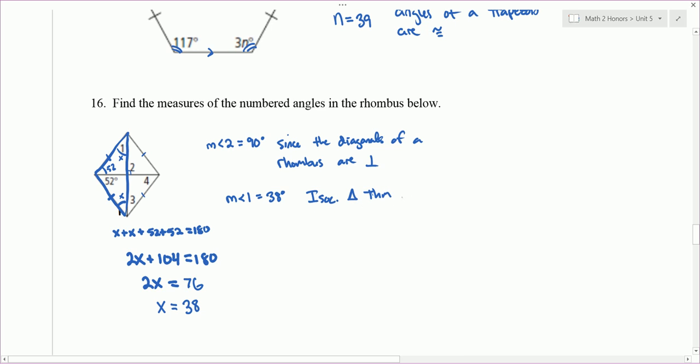And we also used that diagonals of a rhombus bisect the angles.